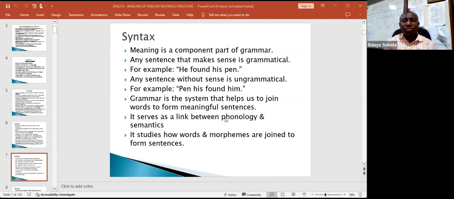And like you mentioned, grammar studies how words and morphemes are joined to form sentences. If you look critically, when we are talking about grammatical errors, it is not actually the syntax that causes the problem. It is morphemes.